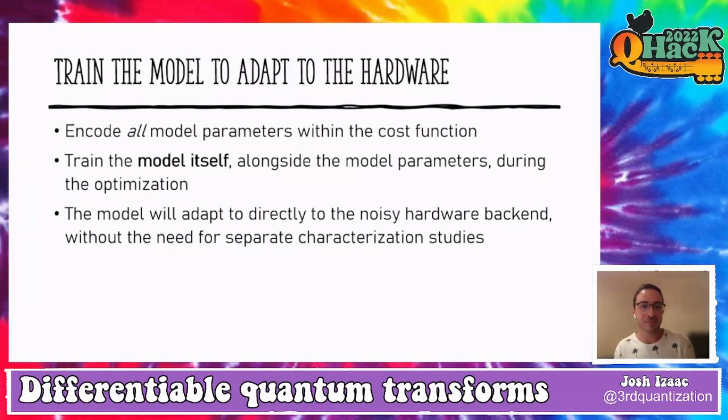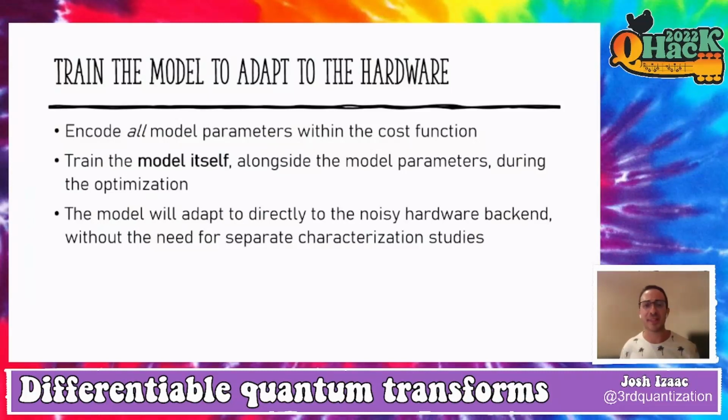optimization. So if you think back to that previous example, if we're doing gradient descent with that particular cost function, we could do gradient descent on the quantum function parameter x, but we could do it at the same time with the model parameter s, the shift value of the parameter shift gradient rule.